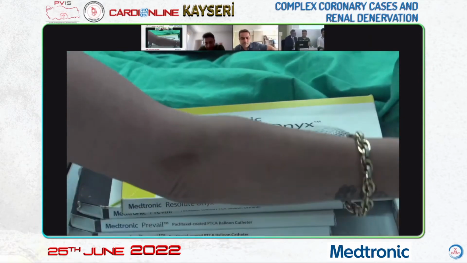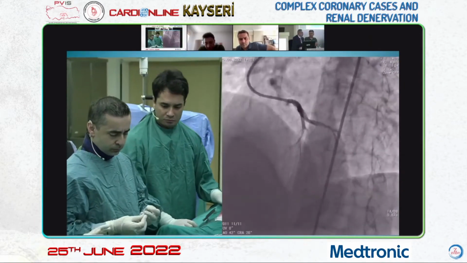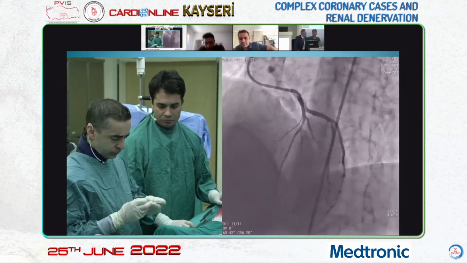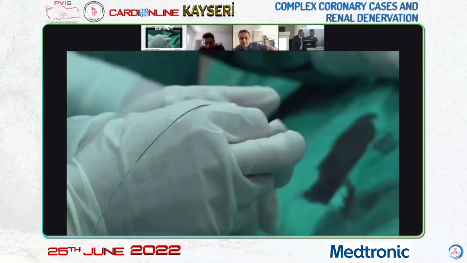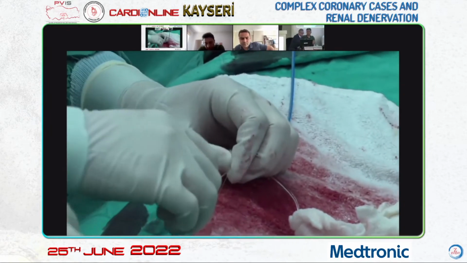So when we have the ballooning, if the medicated ballooning is working, we can use this in the stent. The long-term results will be better.